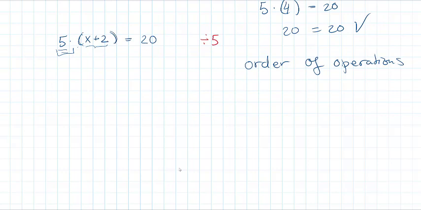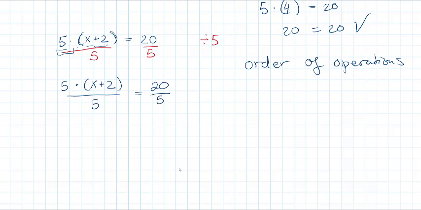Let's write it out. We like to write divide by 5 right here as a fraction, and we have 5 times x plus 2 divided by 5 equals 20 divided by 5.